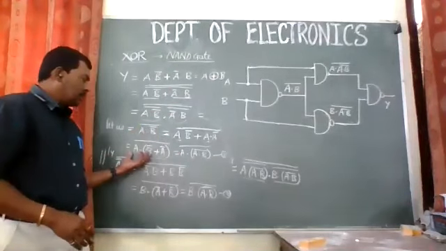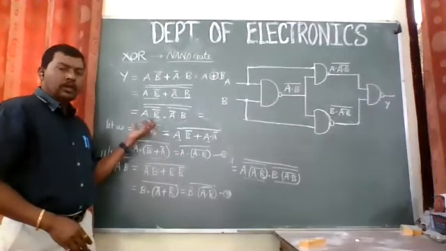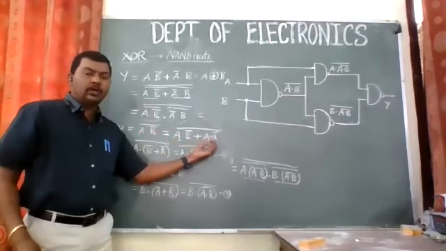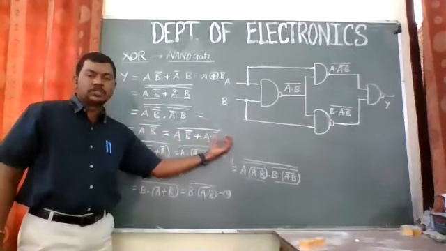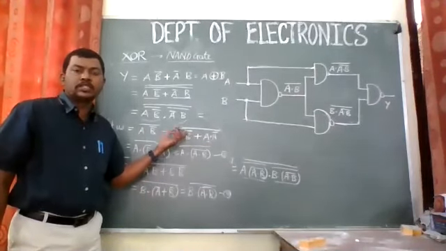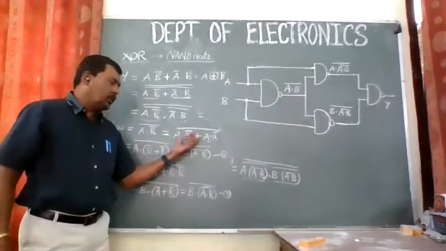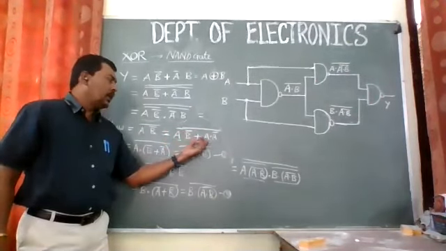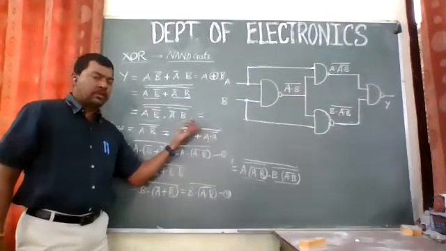So the same we have done over here. A dot B bar whole complement is taken and it is being added by A dot A bar, which is supposed to be 0. So you can add a 0 to any term. It will not change the equation or the meaning of that equation. So it will remain the same. So A dot B bar plus A dot A bar whole complement, right?